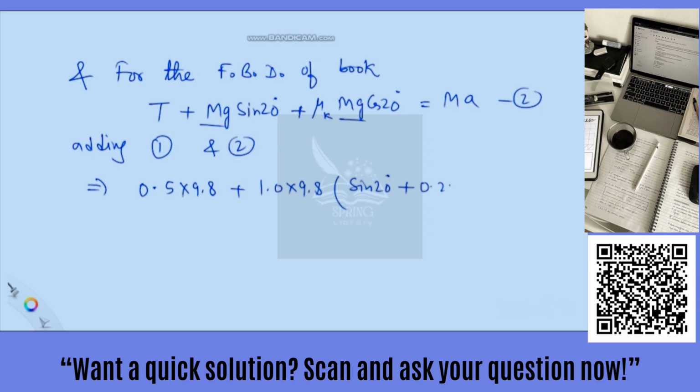means 0.20 into cos 20 degree, and in the right hand side that will be the addition of masses of the mug, and taking this acceleration as a common out, it will be 1.0 plus 0.5.